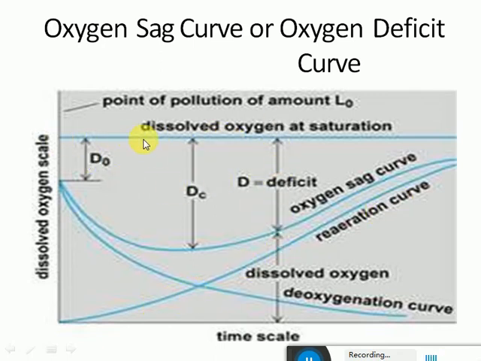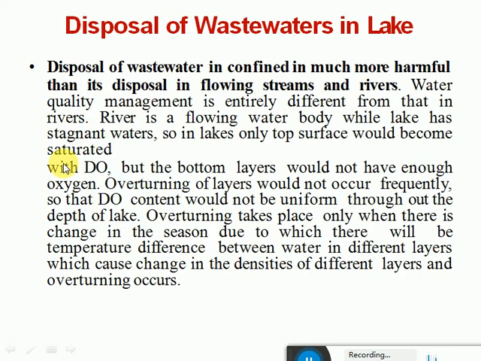This is the saturation level, and the point of pollution at the initial level. This is the time scale, so time in days, or it may be time in minutes, and this is the oxygen concentration level. So that is about the oxygen sag curve and the self purification phenomenon.